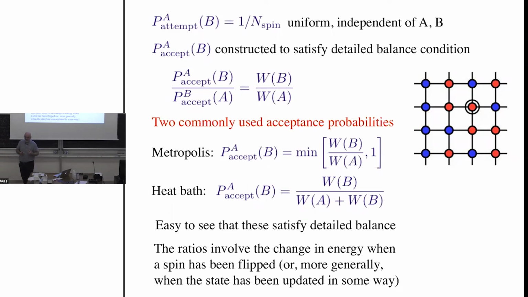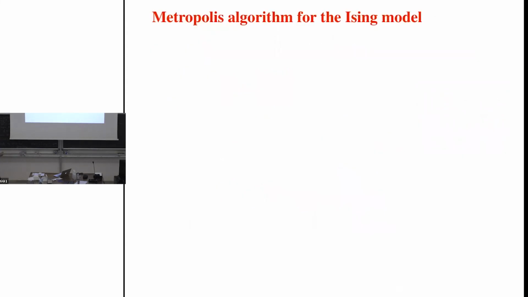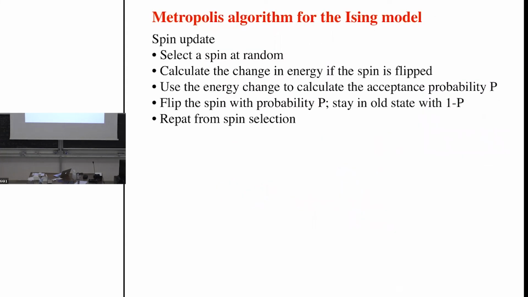So the point then is that these ratios are actually easy to compute, because when I flip a spin or do any other sort of local update, the weight only depends on the energy, and the ratio depends on the energy change, and that's completely local here. So basically the algorithm is: select the spin, calculate the change in energy, from which you get the ratio, from which you get the acceptance probability, and then you generate a random number.